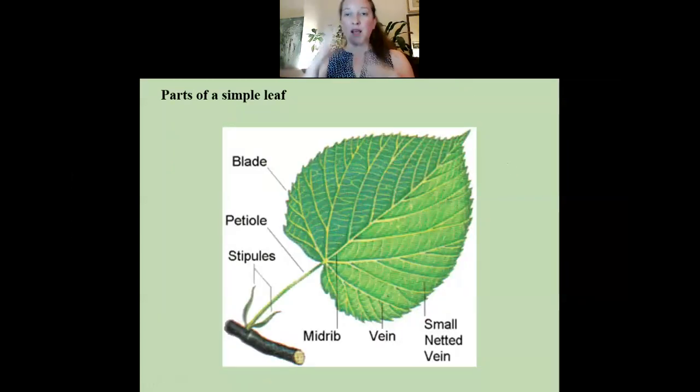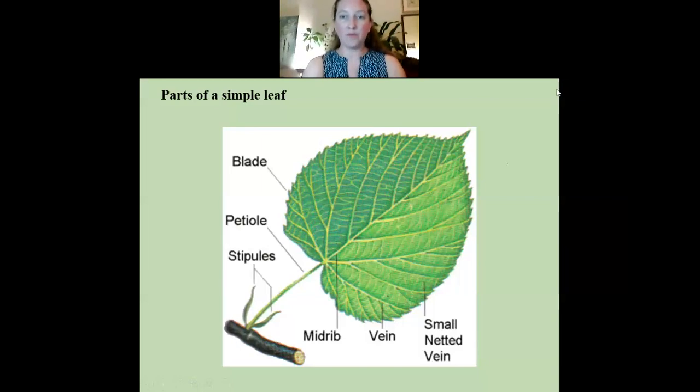So blade or lamina and petiole are the two main parts of the external form of the leaf. But there's some other parts as well. So here we have the blade again. Here I'll annotate. Here, okay, so here's our petiole, right? That's the stem part of the leaf. The big part that's flat is the blade or lamina, same thing.